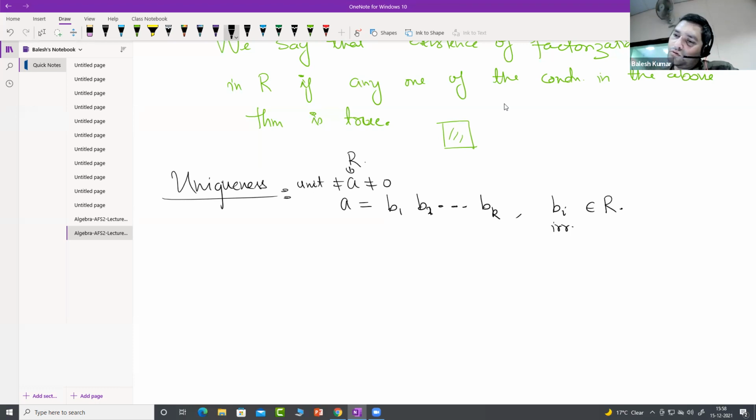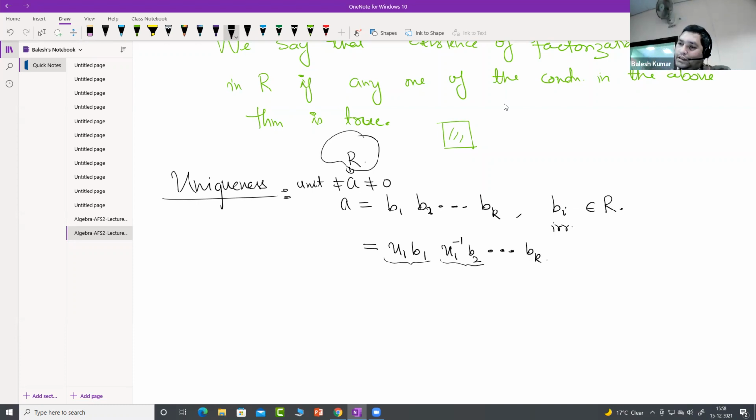The obvious concern is that if you have plenty of units, units may disturb this factorization. For example, if u1 is a unit, then you can write this as u1 b1, and then u1 inverse b2. You club this as one element, this as the second element, and so on up to bk.